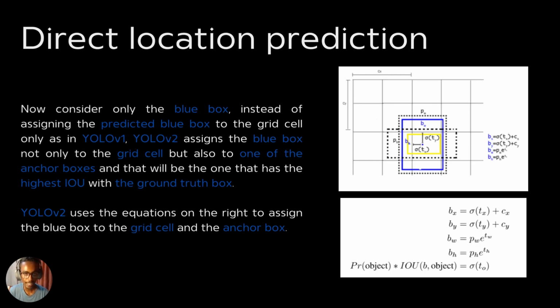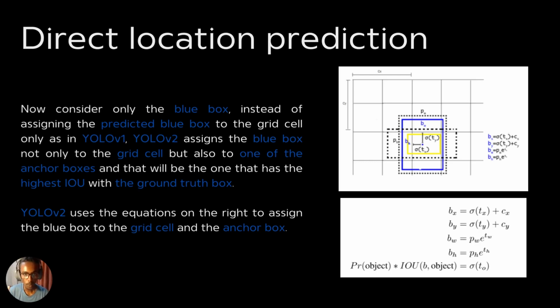So we're going to use that anchor box as a reference point, and we're going to adjust it so that it gets closer to the blue predicted bounding box. And YOLO v2 uses the equations on the right to assign the blue box to the grid cell and the anchor box. So let's take a look at the equations.